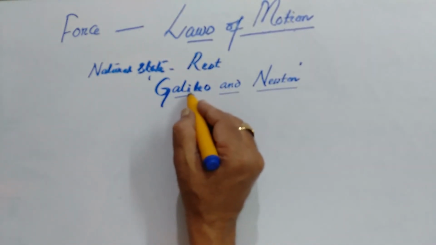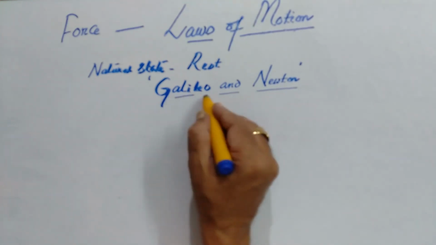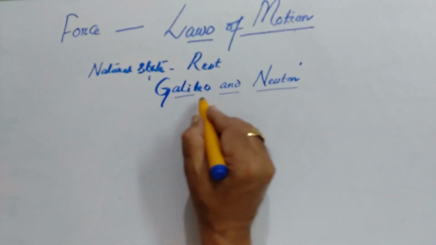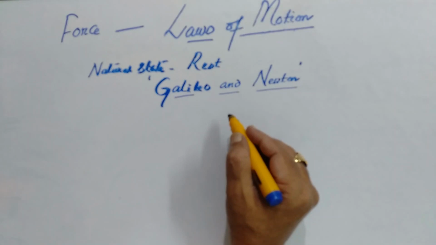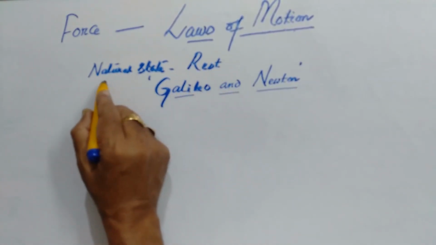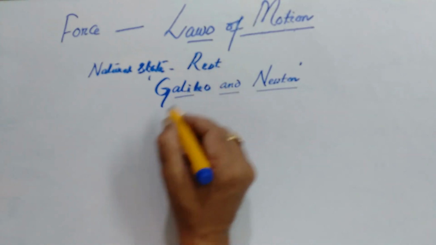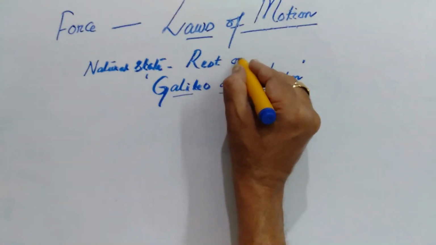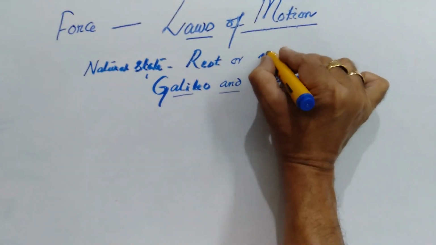Now, Galileo studied a lot of types of motions, and then he said that the natural state could be rest or uniform motion.